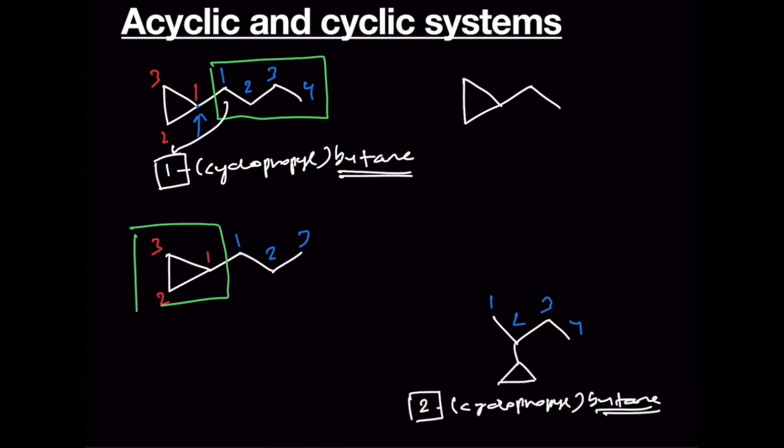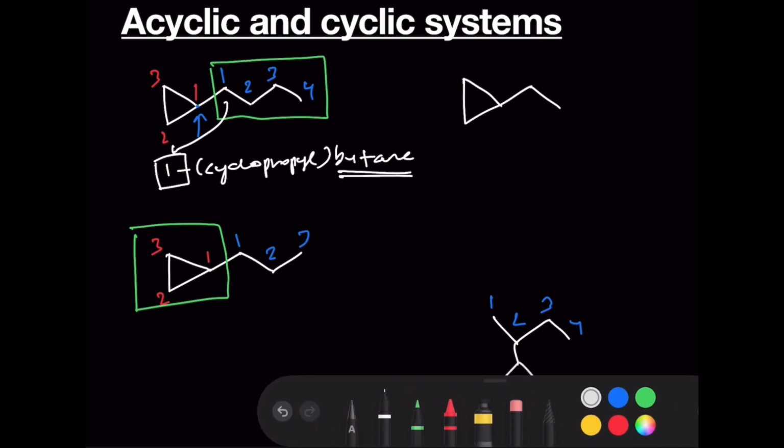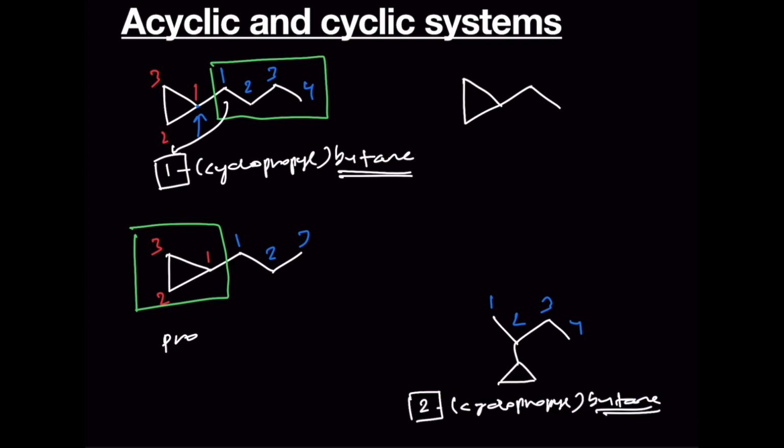This is your parent now, and therefore, the IUPAC name for this molecule is simply propylcyclopropane. You can mention the 1, but that is not mandatory.